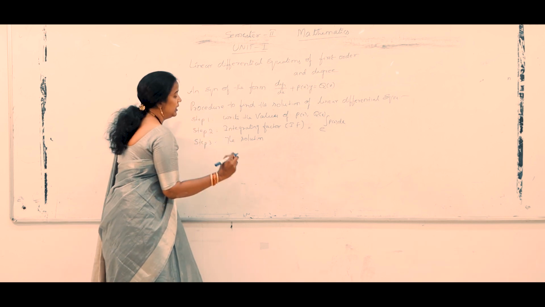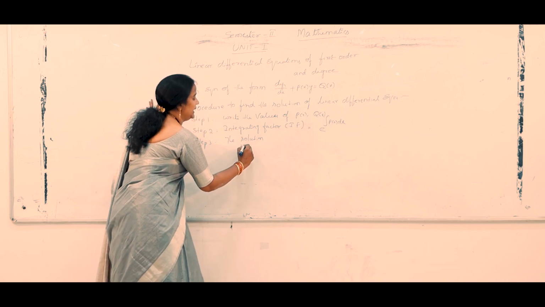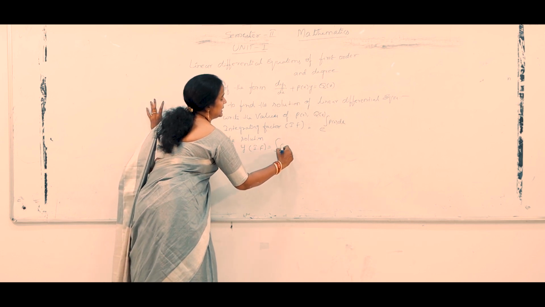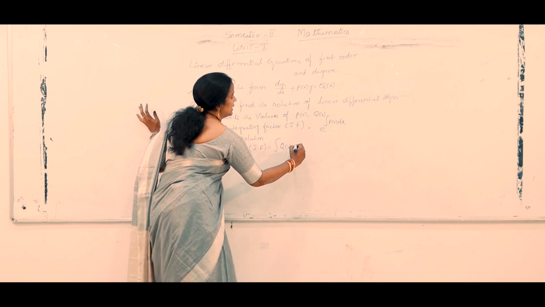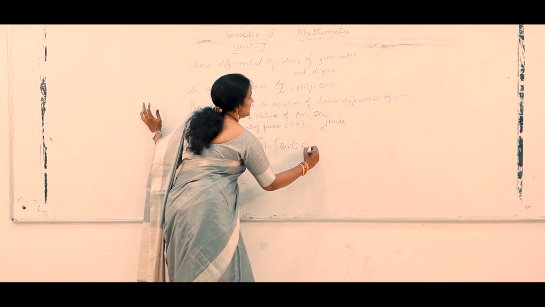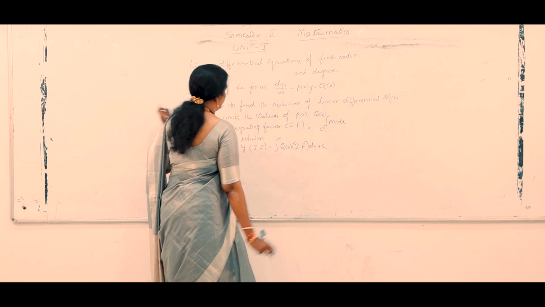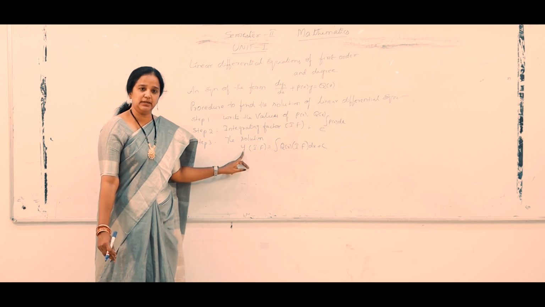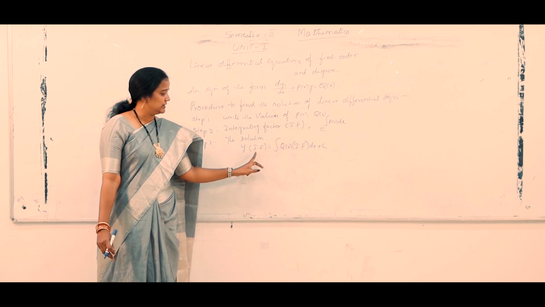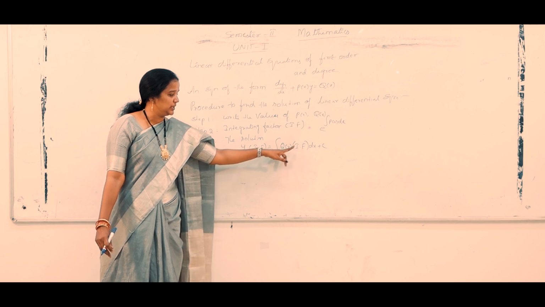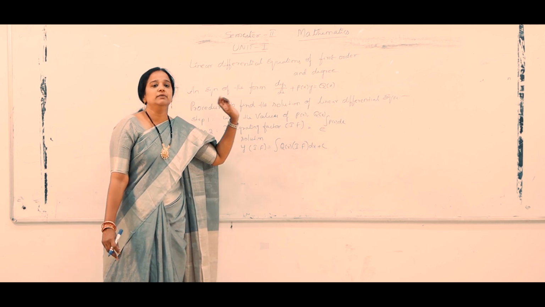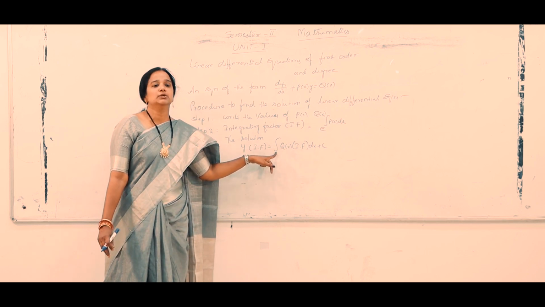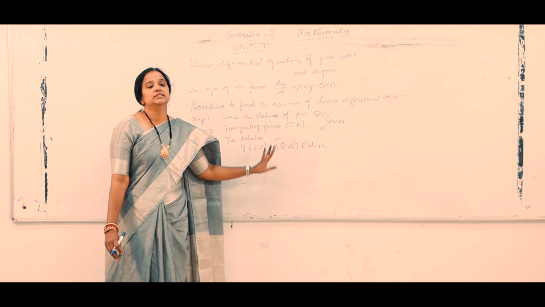What is the formula? y into IF is equal to integral q of x into IF dx plus c. This is a very important formula. So we substitute the IF value in this equation. After integration, we will get the solution. Okay? So this is the procedure.